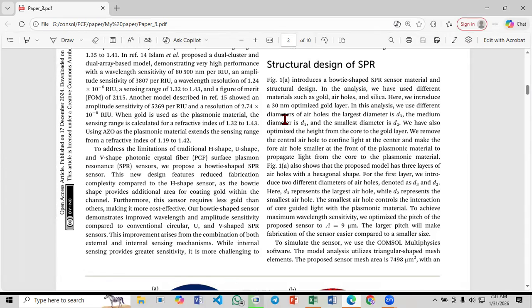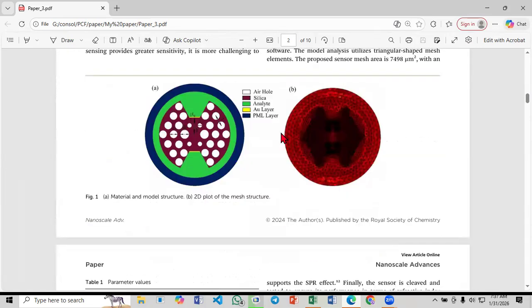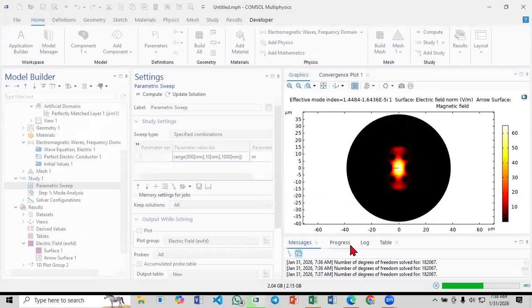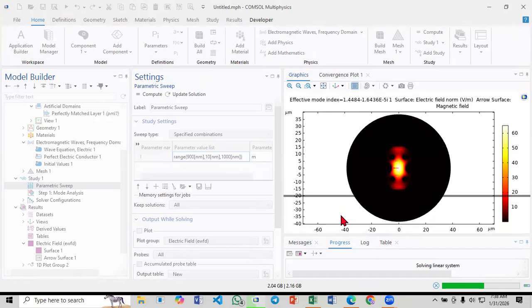And I think I mentioned before, when you are simulating a COMSOL file, please plug in your laptop charger before simulating, because COMSOL may drain your battery. Okay, there's lots of pressure when you simulate a COMSOL file. So to be on the safe side, just plug in your charger before simulating.